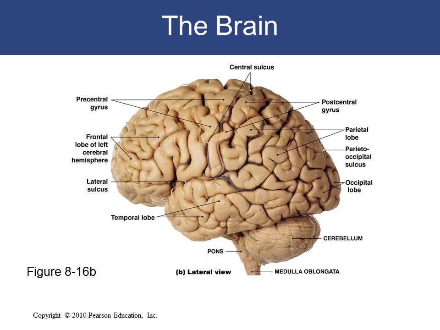So this picture is trying to show us the foldings that we have in the cerebrum. So all those foldings are called the gyrus, and you can see some other labelings there, which are the postcentral gyrus, the precentral gyrus. Those are the foldings that look like ridges.